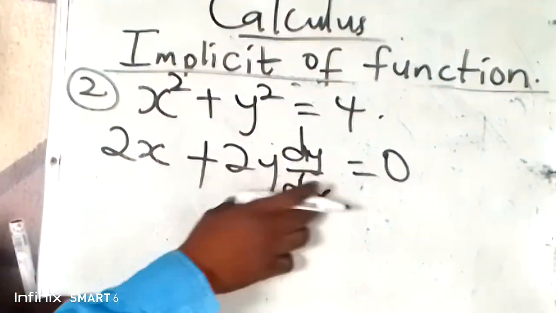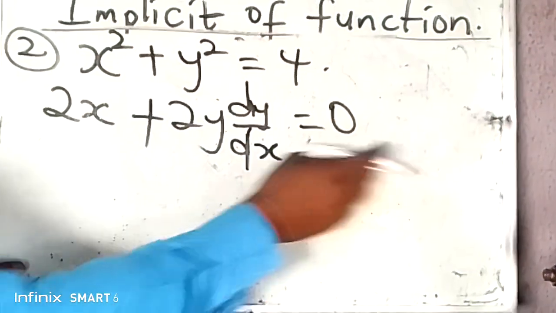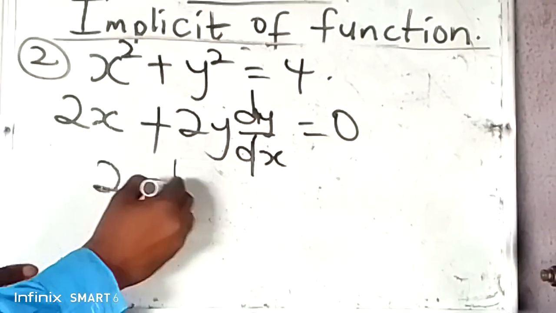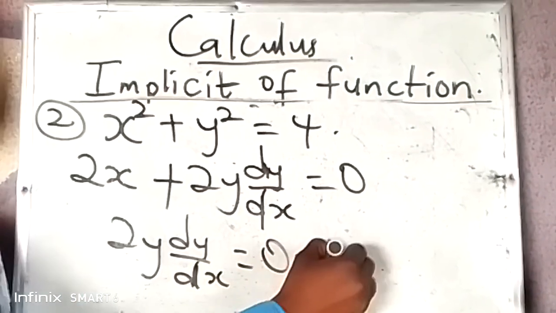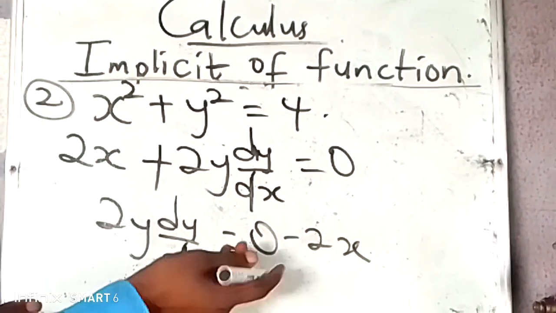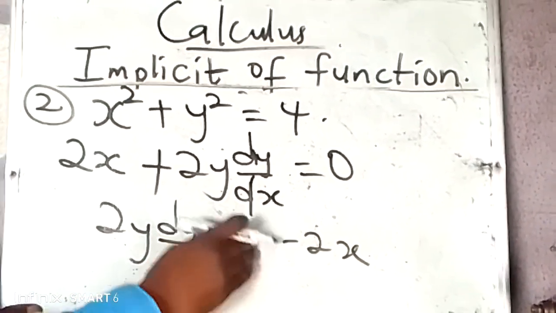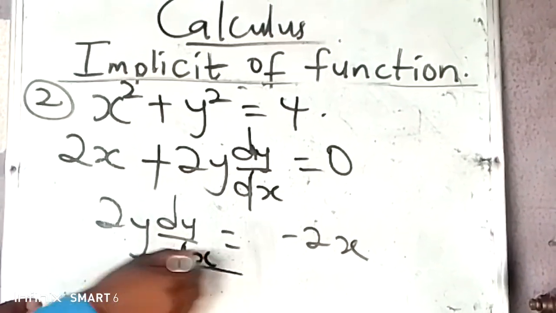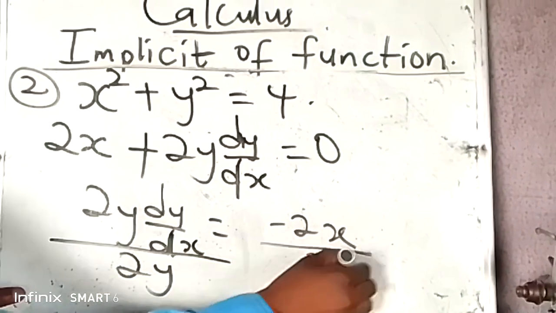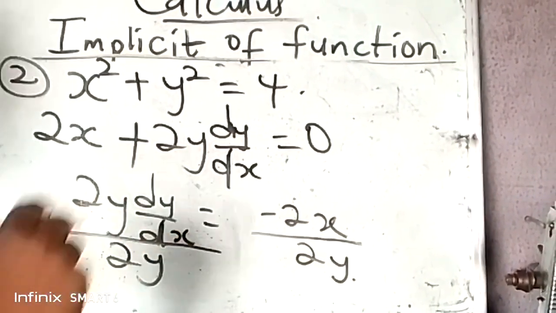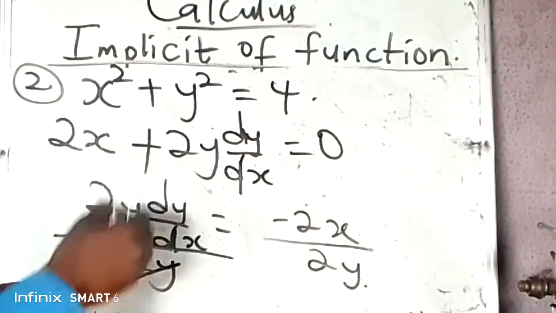Now this one has dy dx. Bring this 2x outside. So that means 2y dy dx equals 0 minus 2x, which is minus 2x. But I'm looking for dy dx, so I'll divide both sides by 2y, all over 2y. So 2y cancels 2y.